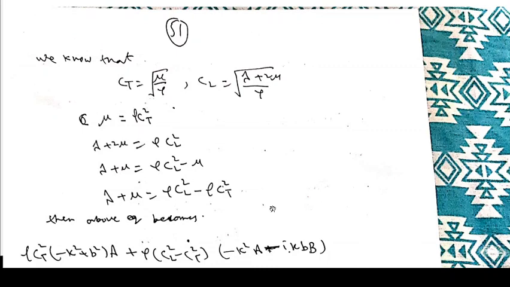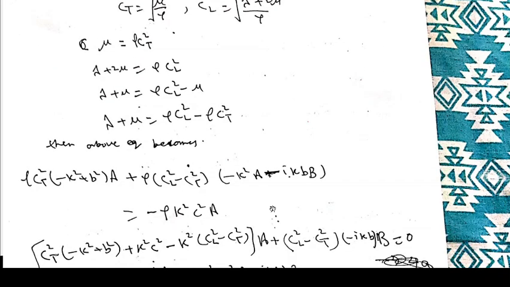So when you use rho CT square instead of mu, and instead of this thing, you can see that rho appears in the first term, in the second term, and in the right hand side term, so it will be cancelled out. What is rho?